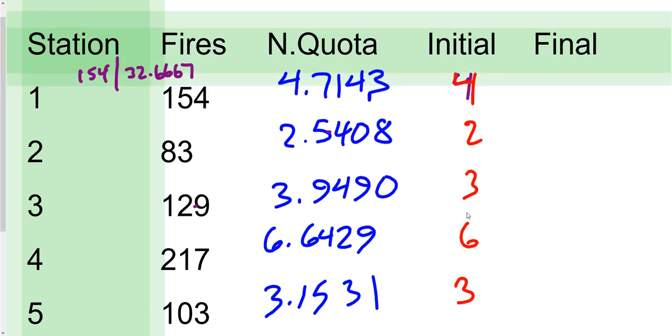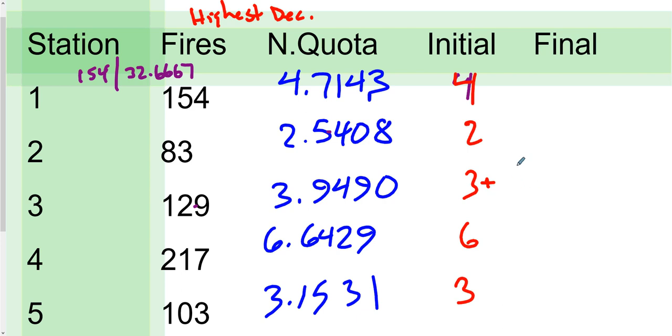Who's going to get them? According to Alexander Hamilton, highest decimals. And so those highest decimals, station number 3 is the closest to earning a fire truck, so they will get 1 extra fire truck. Mark it off with a little plus sign.